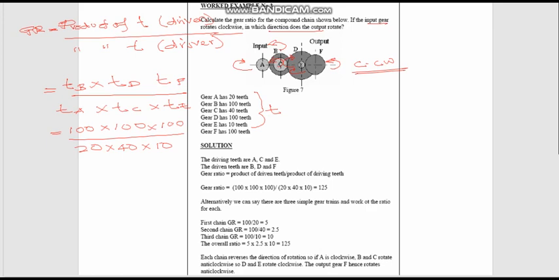Right? So basically I can cancel out. Right? And then 2 cancel out. I have 50 here. Right? 4 cancel out, become 5.